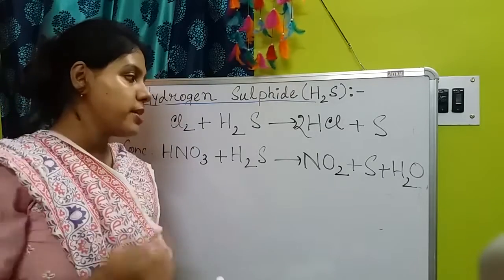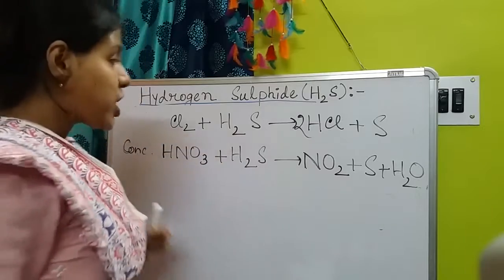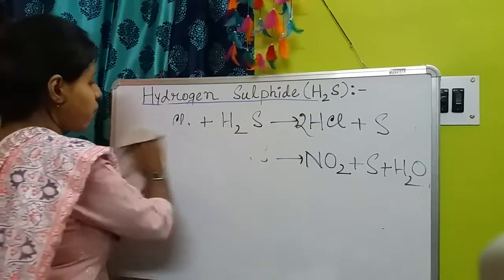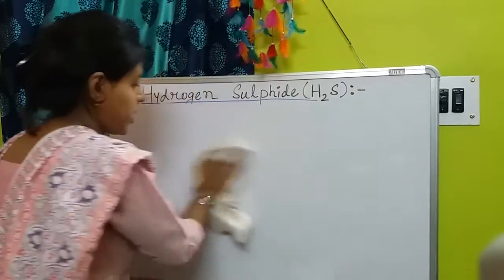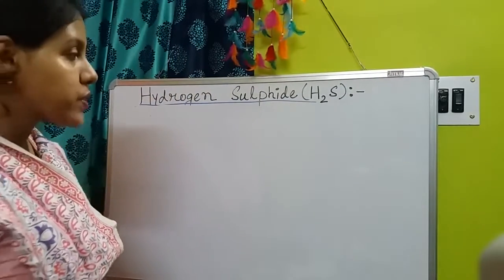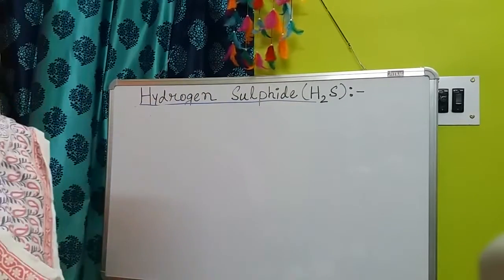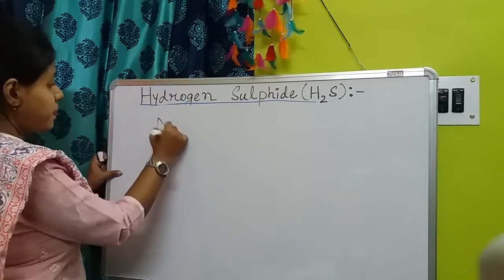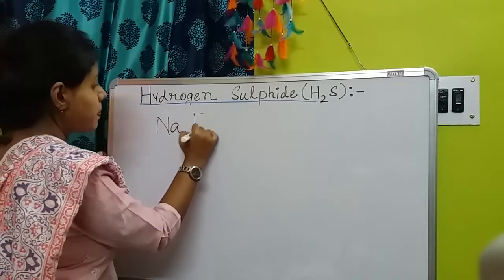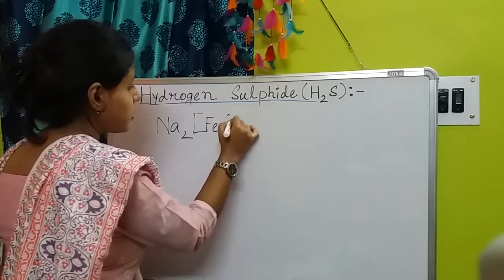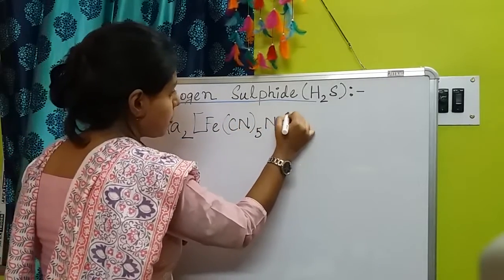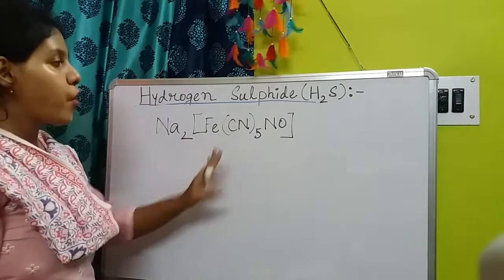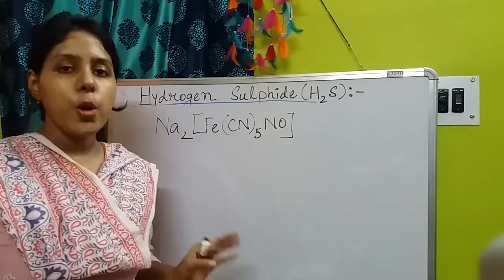So next is the reaction of H2S with sodium nitroprusside. What is the formula of sodium nitroprusside? Na2[Fe(CN)5NO]. Okay, this is the formula of sodium nitroprusside.